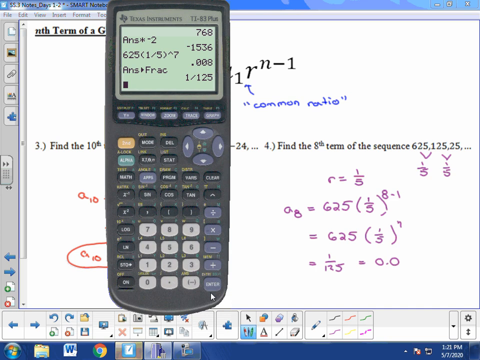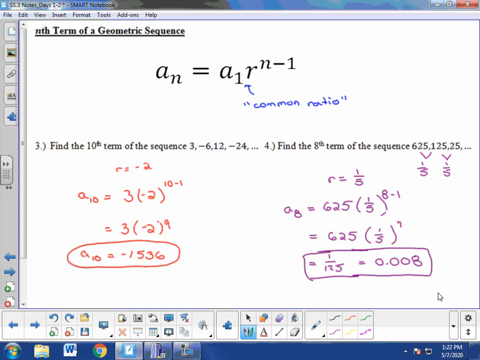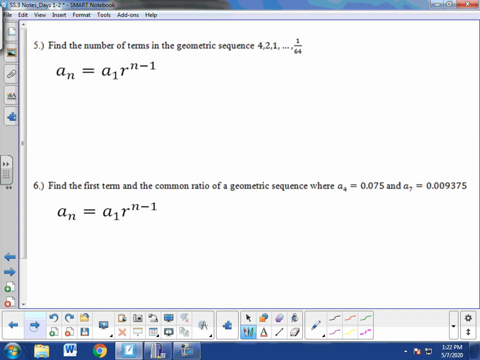So either in this case would be okay. The decimal is not that long to write out, 0.008, but either of these two would be acceptable. So here we have examples of how to use the nth term formula to find the value of any given term in a geometric sequence.